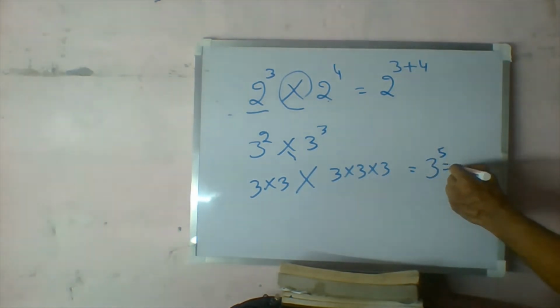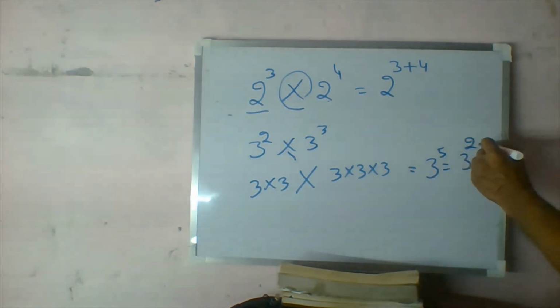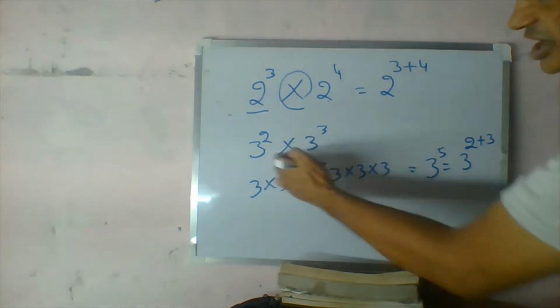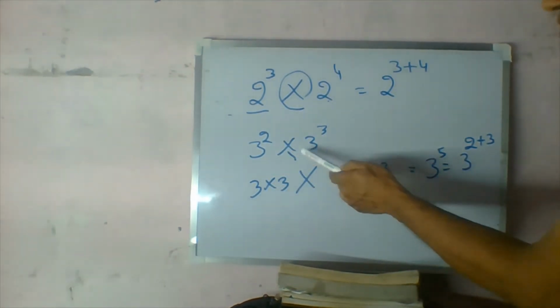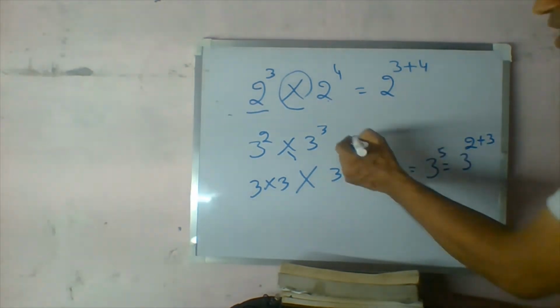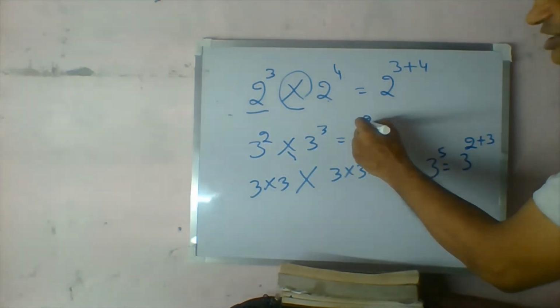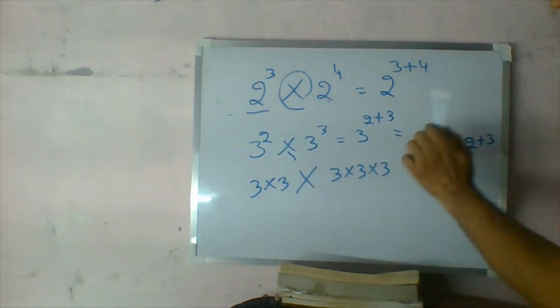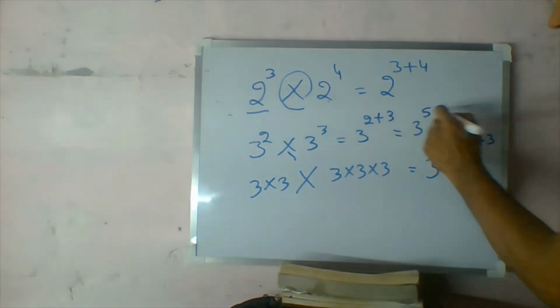And again we see it is 3 raised to power 2 plus 3. That is, in case 3 raised to power 2 is multiplied with 3 raised to power 3, all we have to do is add the powers. In multiplication, powers have to be added.